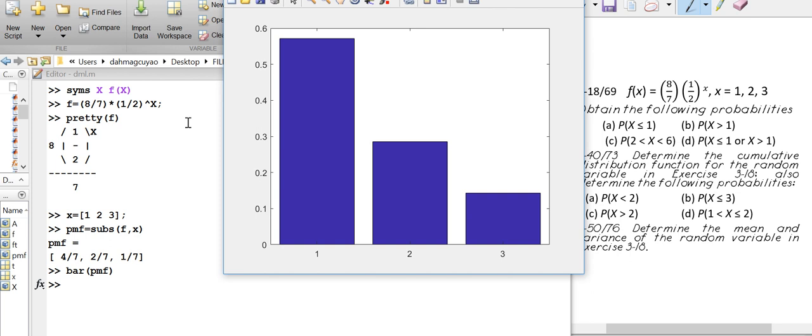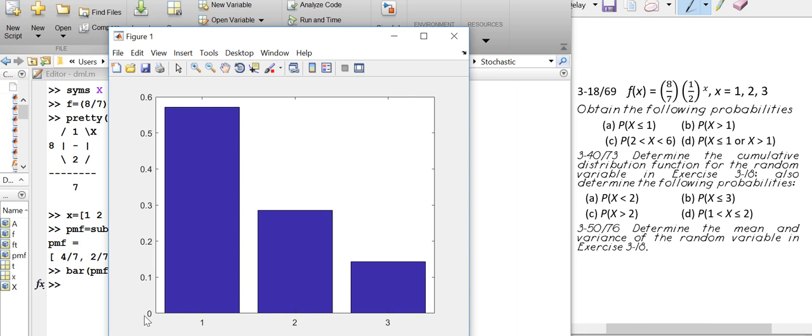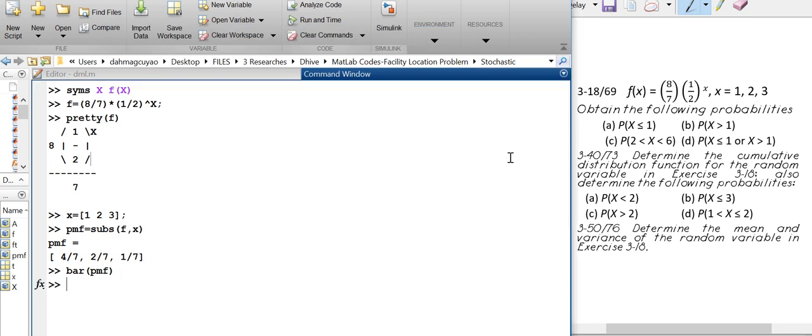Observe that all the values are greater than 0. So this is the 0 level, and everything is greater than 0. So we know that all the probabilities are positive. So we have the tabulated form, the PMF, and the formula form f of x.